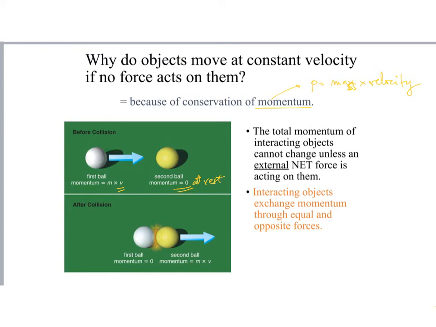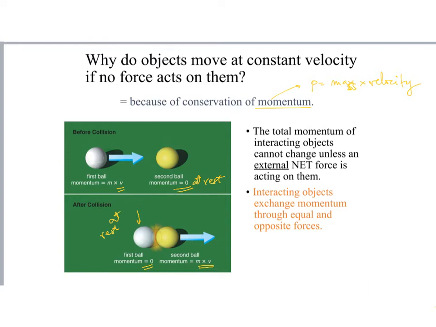Here's where the collision happens, and after the collision, the first ball's momentum ends up being 0, so it's going to be at rest, while the second ball actually has all the momentum that was transferred from ball number 1, as it's moving with the same velocity as the first ball was moving before the collision.